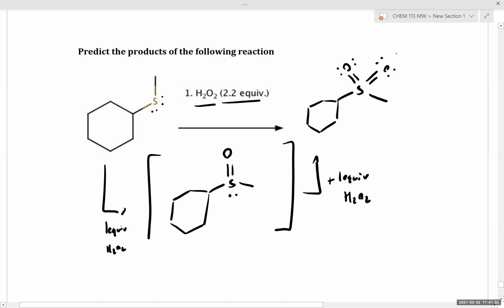Does this example make sense to everyone? It's important to always be familiar with how different reaction conditions modify our parent structure. Any questions on this example?